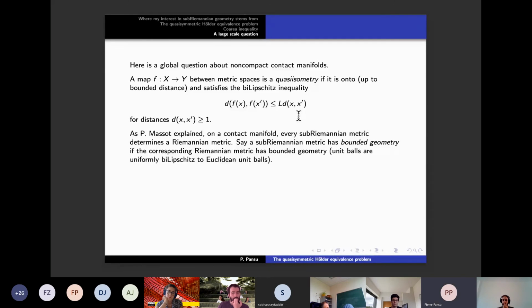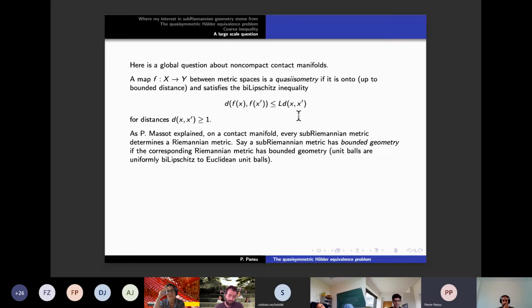What do I call a sub-Riemannian manifold of bounded geometry? Well, I will be a bit lazy and follow an indication given by Patrick Massot. He explained to us that given a contact manifold and a sub-Riemannian metric, it can be extended into a Riemannian metric in a canonical manner.